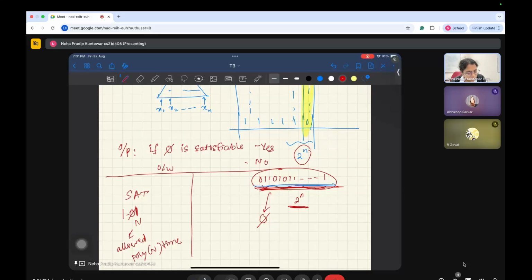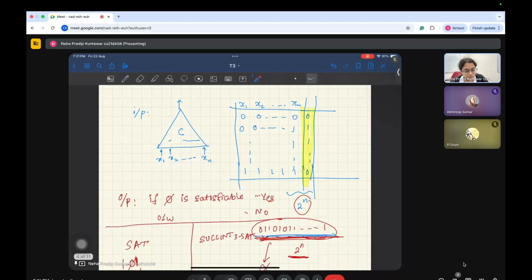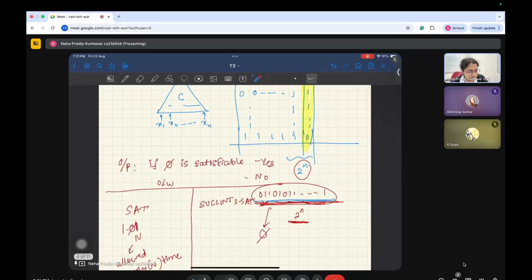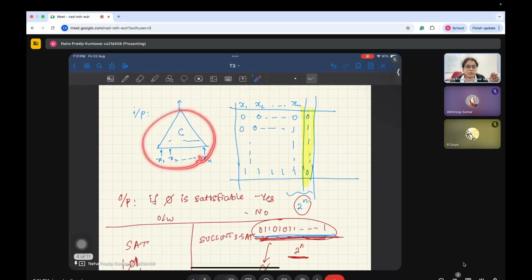But now what happens is, when I give you succinct 3-SAT, notice that the input that I gave you was not the formula, it was a circuit. So for the same n length, which is 2 to the n here, for the same formula, the representation that I gave you was very small.